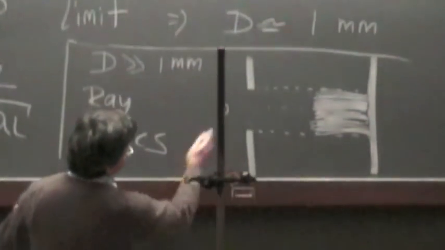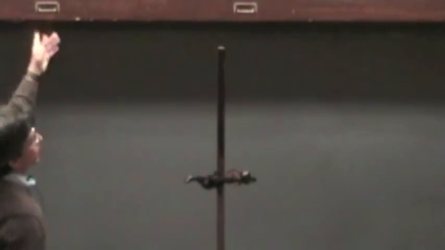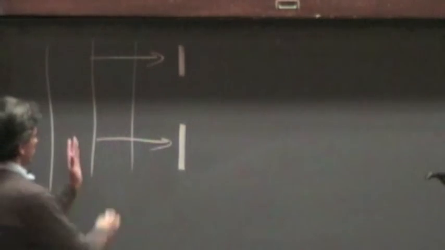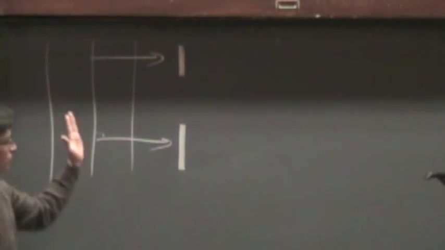Because now you can forget about all this interference between different parts of the wave and forget about the wave spreading out like that. The simple picture that you can have in your mind is that your wavefronts are moving towards the screen and they're moving in that direction, right? That's the velocity of the wave, perpendicular to the wavefronts.